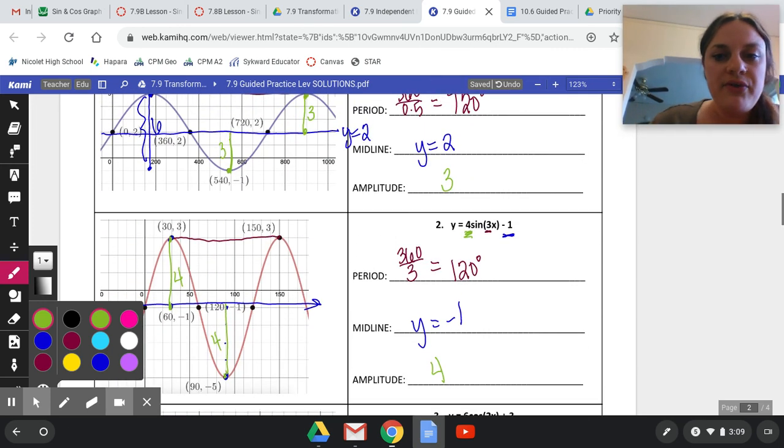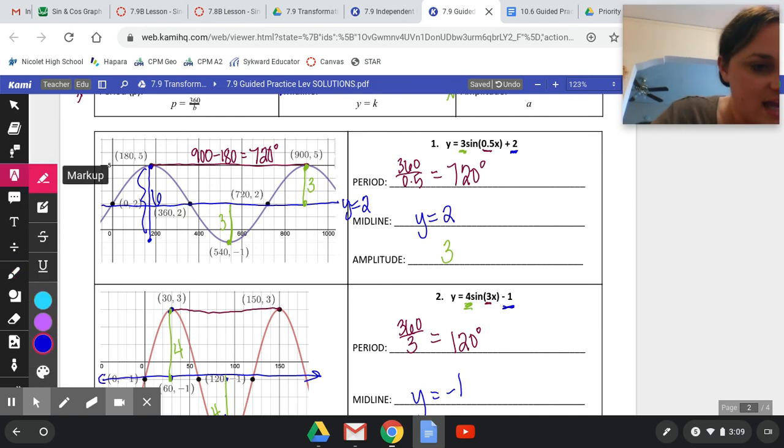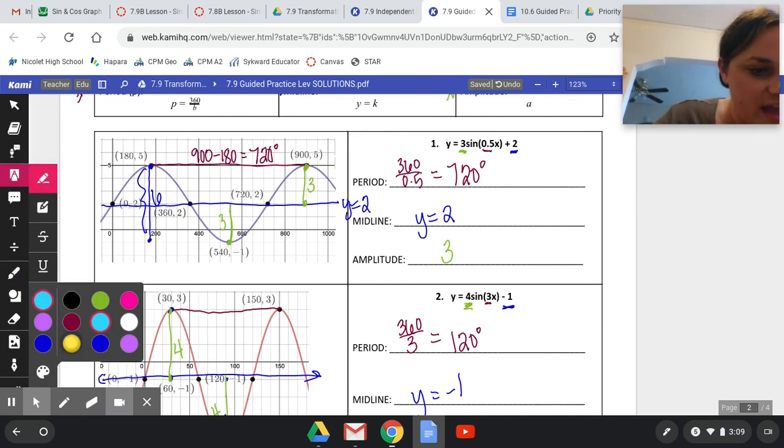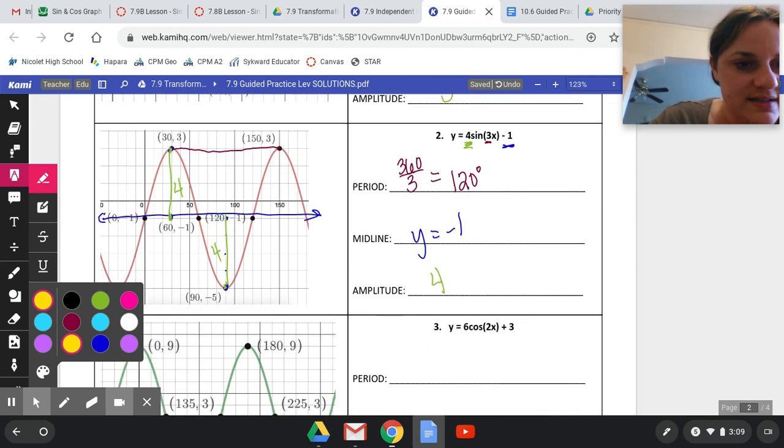Both of these were sine graphs, and I can see that because starting from the y-axis, sine soars. Same thing here, starting from the x-axis, sine soars.